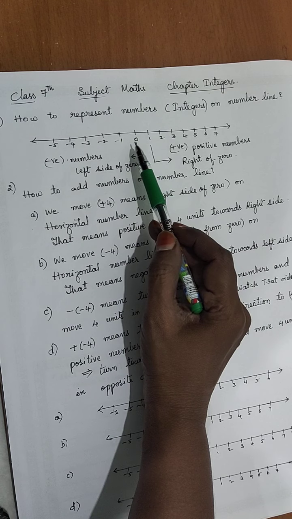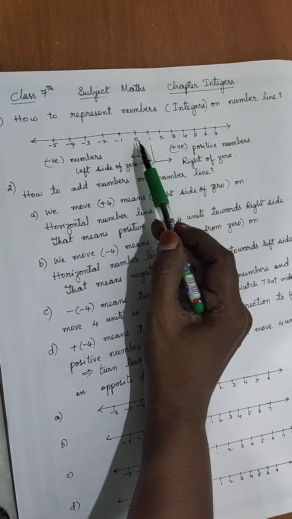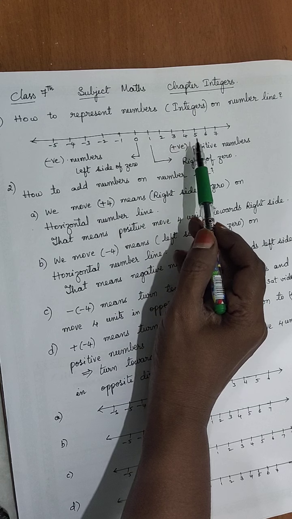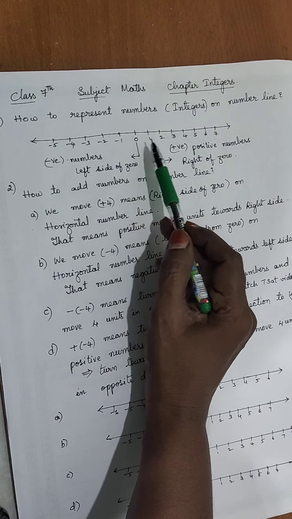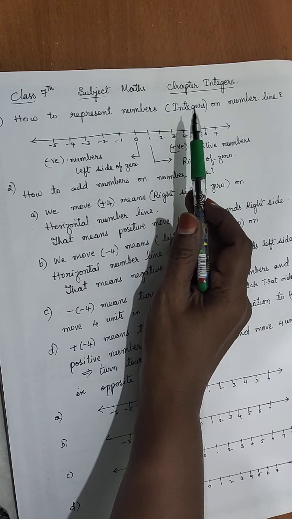But here from 0, we know that 0, 1, 2, 3, 4 are the whole numbers, and when you add negative numbers to these whole numbers we get integers.